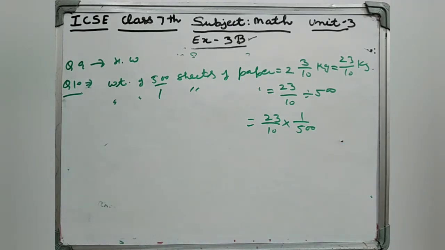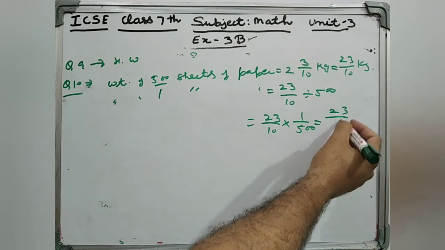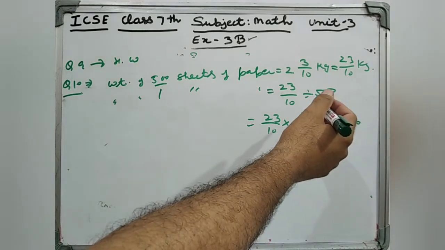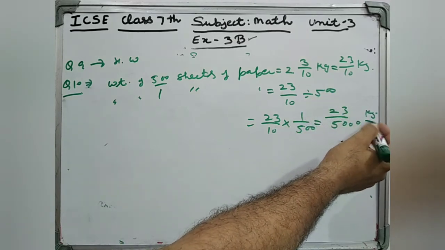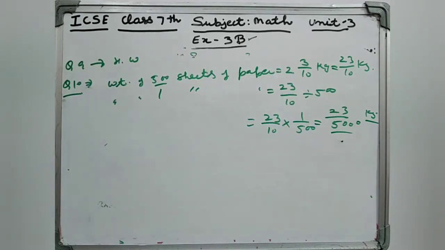Right, now 23 1s are 23, so 23 upon 5000 kg. The numerator is small and the denominator is big, hence it can't be changed into a mixed fraction.